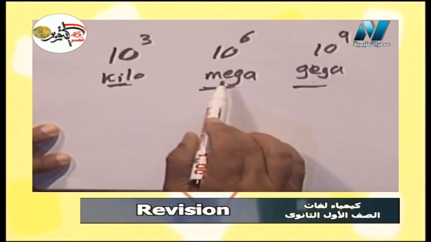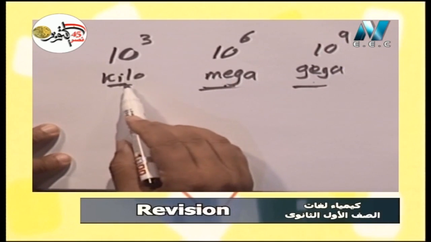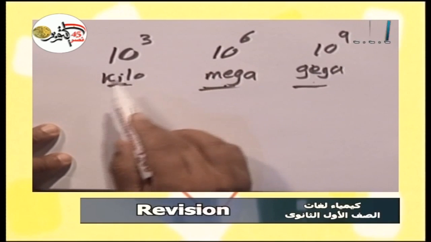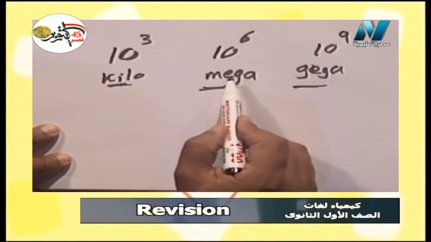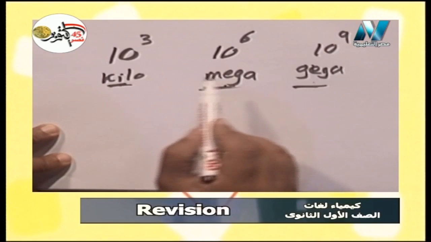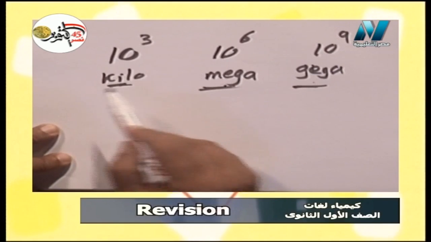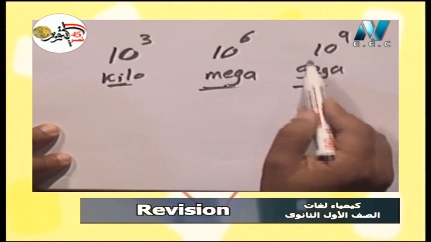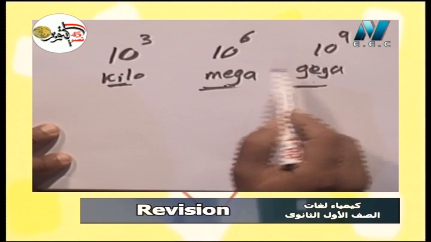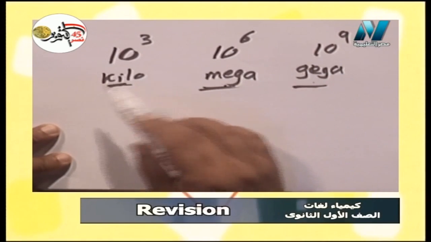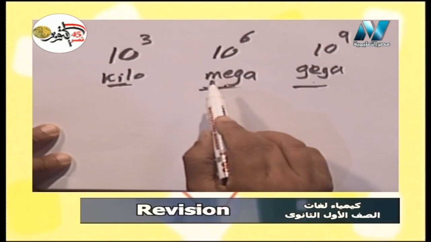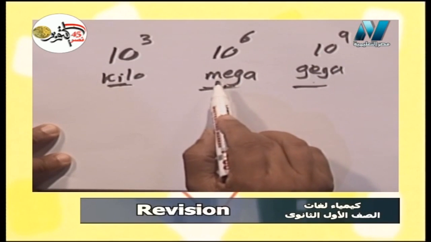So the mega contains how many kilo? Yes, 1000 kilo. The mega contains 1000 kilo. The giga contains a million kilo, and 1000 mega.